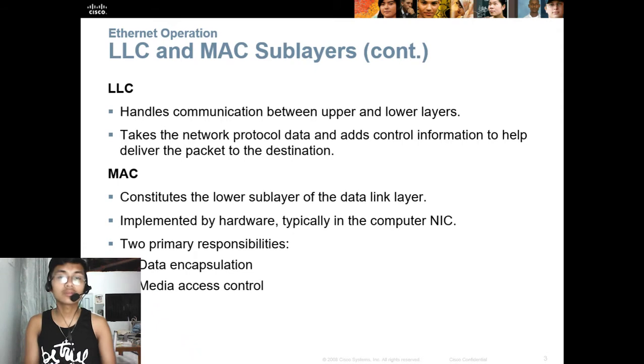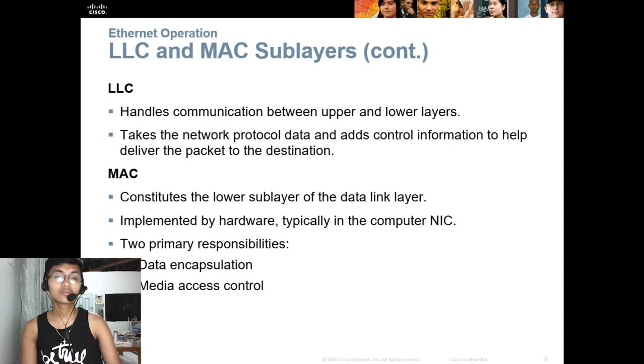The MAC constitutes the lower sublayer of the data link layer, implemented by hardware, typically in the computer NIC. The primary responsibilities are data encapsulation and media access control. For data encapsulation, its responsibility is to encapsulate every piece of data to be sent from the source to the destination.